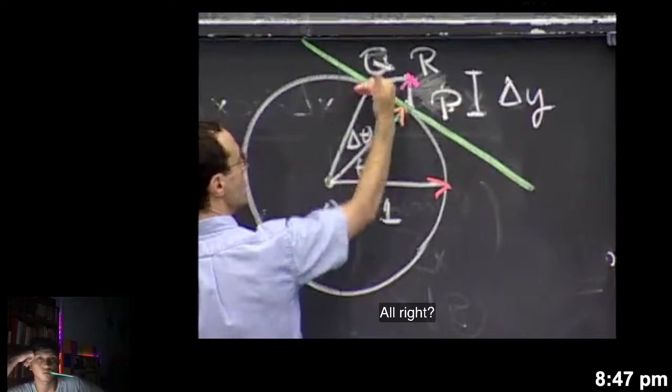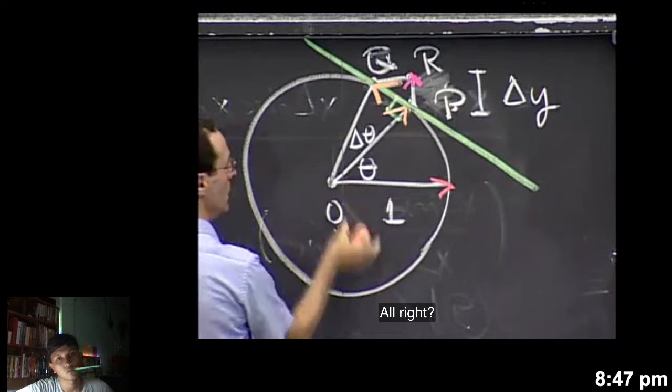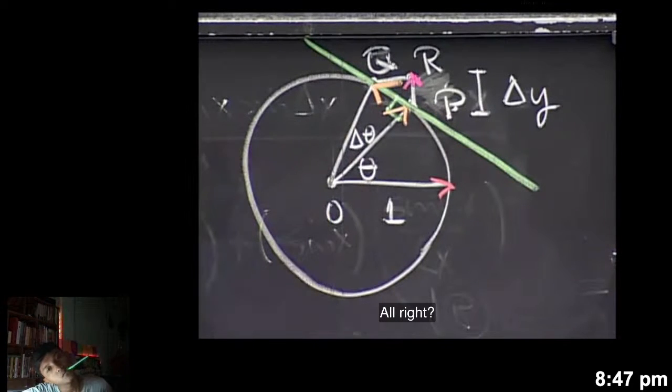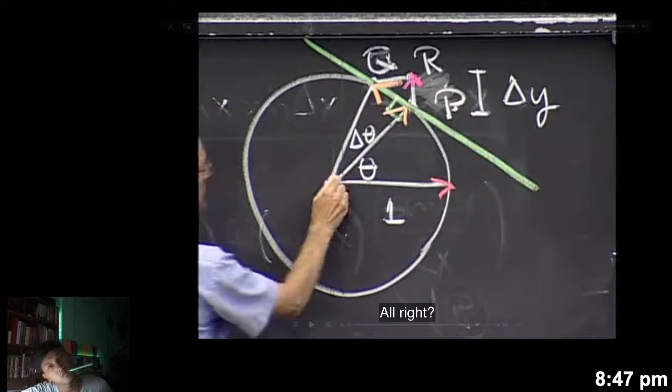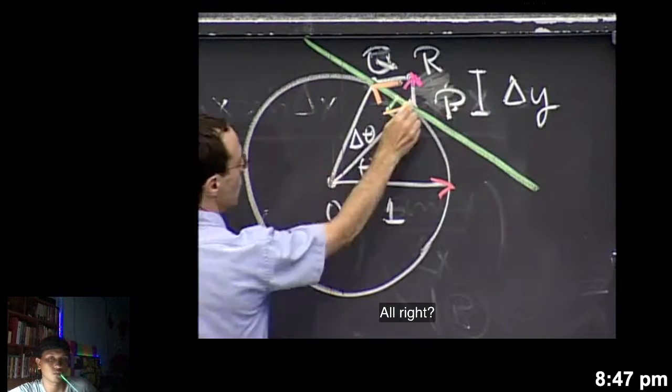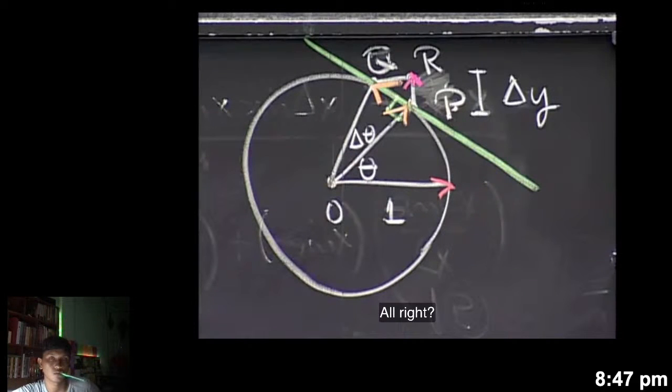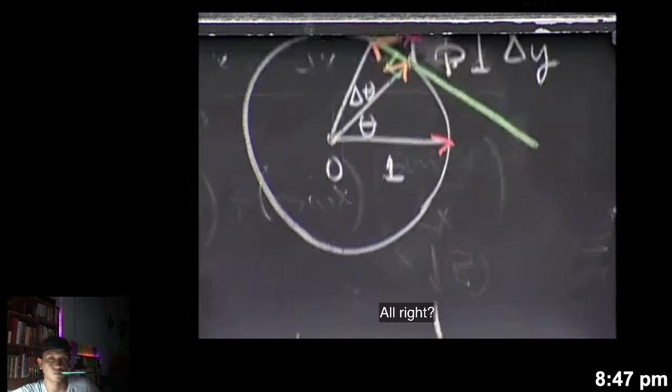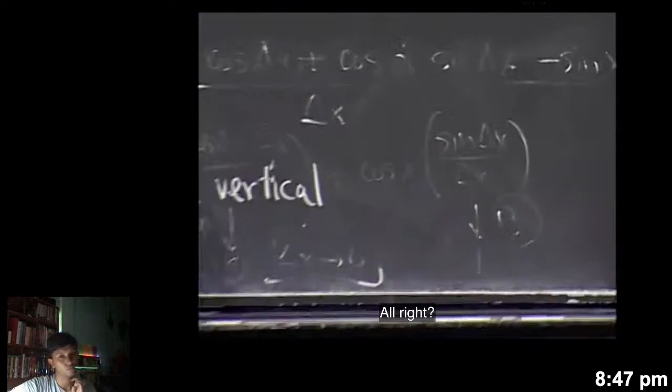So this angle here is the same as the other one, which I just drew. Different origins, different vertices for the angles. Okay? Well, I didn't say that all arguments were supposed to be easy. All right, so I claim that the conclusion is that this angle is approximately theta.